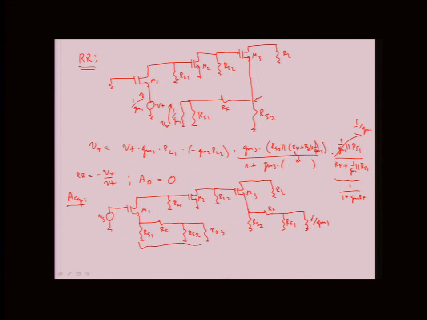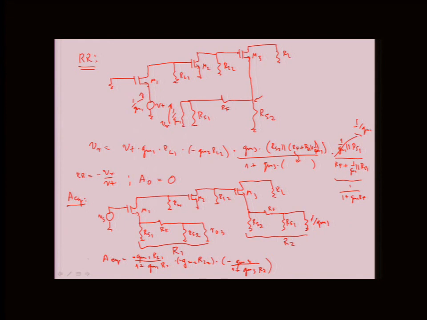Okay, so if we call this R1 and we call this whole thing R2, then we can get that A equivalent is gm1 RL1 over 1 plus gm1 R1 times, that will be a minus sign, minus gm2 RL2 times, minus gm3 over 1 plus gm3 R2.